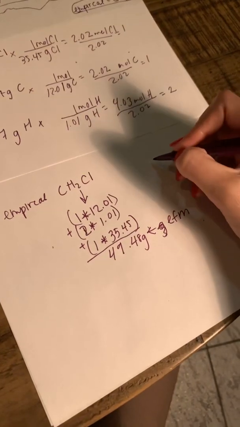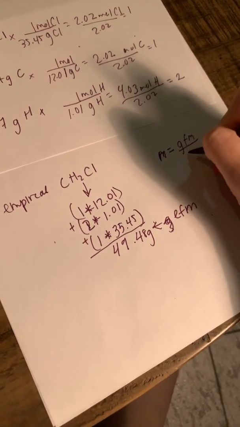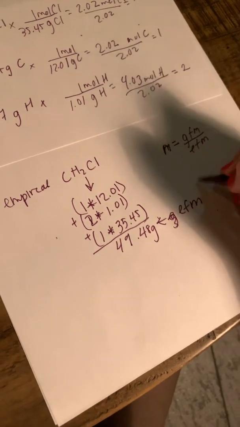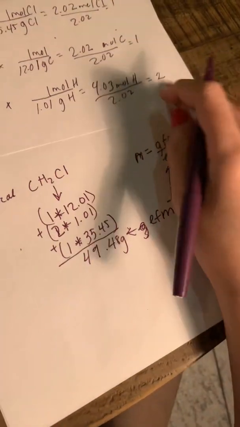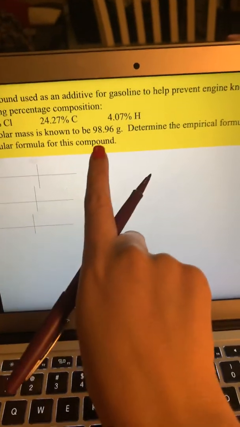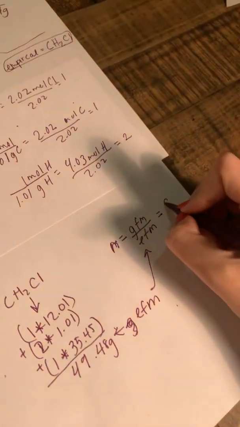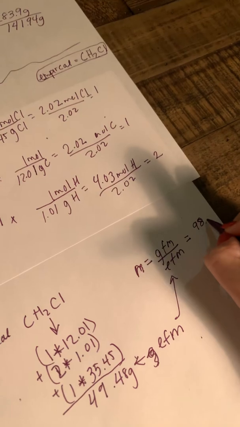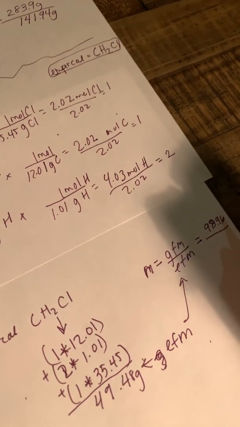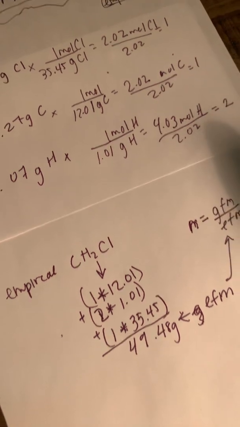Right? So to find your molar factor, I guess, is N equals GFM over EFM. Right? This is your EFM, and your GFM is what they gave you. So I told you here your molar mass is 98.96, right? So that's your GFM. 98.96 over what you just calculated, 49.48.